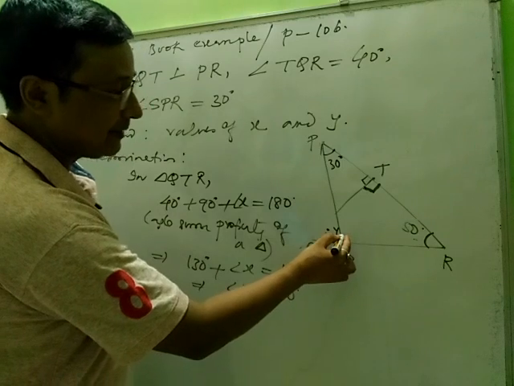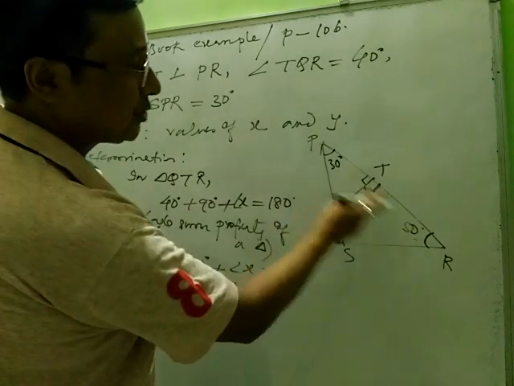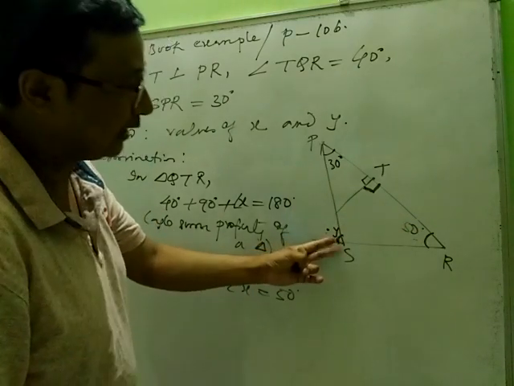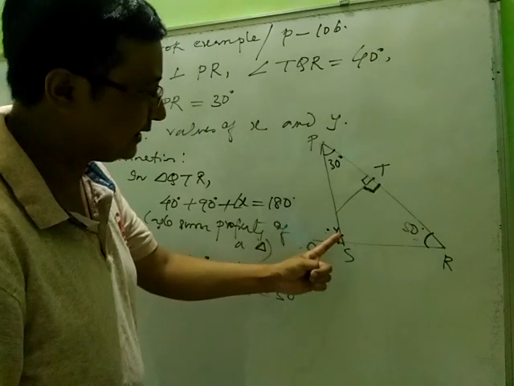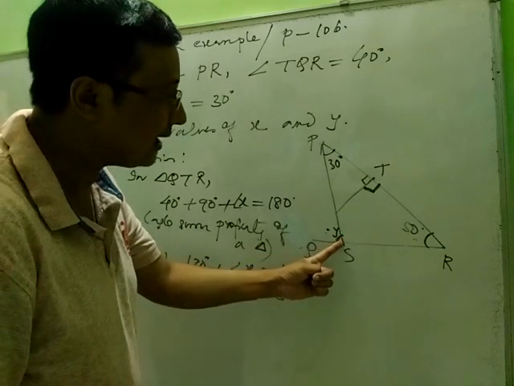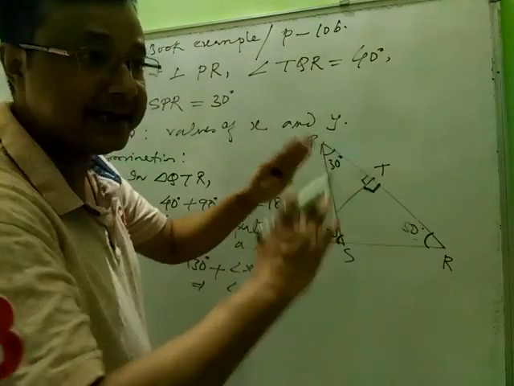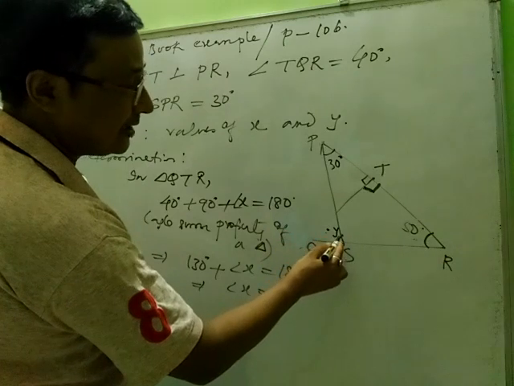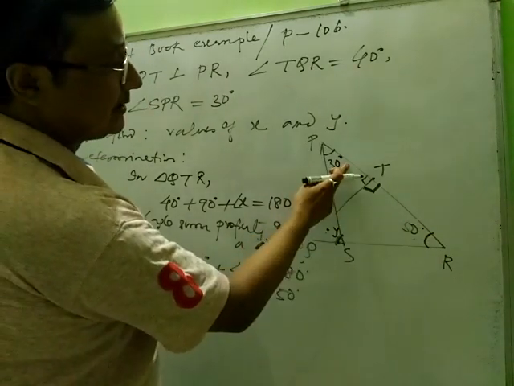This angle equals the sum of the two remote interior angles. Remote means far from this angle. This one is interior, but it is the nearest one. So for this angle you will take the other two remote interior angles. Interior means they lie inside the triangle, but this one lies outside the triangle. That is why it is called exterior, that is, outside. These are the two adjacent interiors.